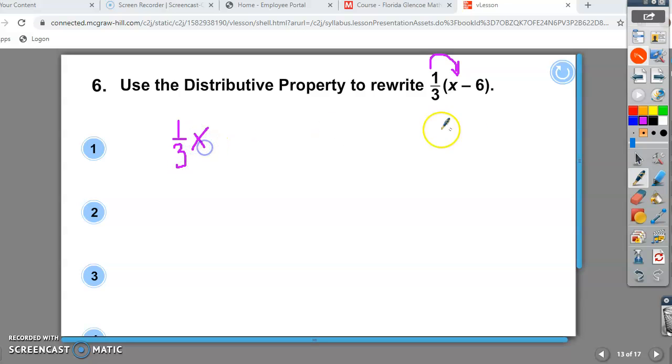Not a problem. But now we have 1/3 times -6. So I'm going to bring that over because we know it's going to be a negative, but let's recap here. If we're multiplying a fraction times a whole number, in this case 6, there's my dot, 6.